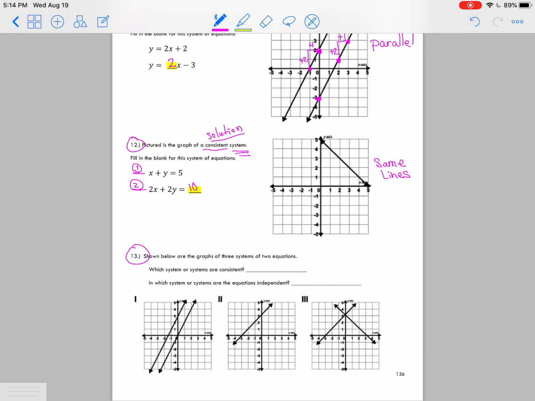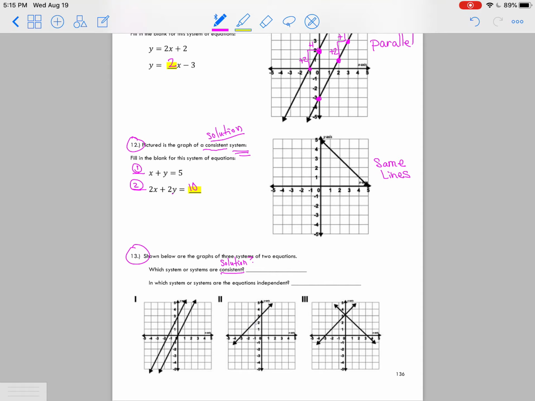Okay, and lastly, shown below are the graphs of 3 systems of 2 equations. Which system or systems are consistent? Remember, when we're talking about consistent systems, we're talking about whether they have a solution or not. This is all about the solution.